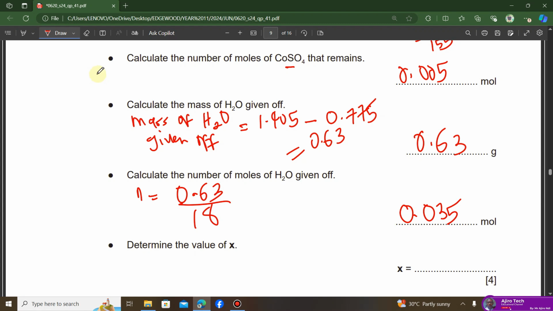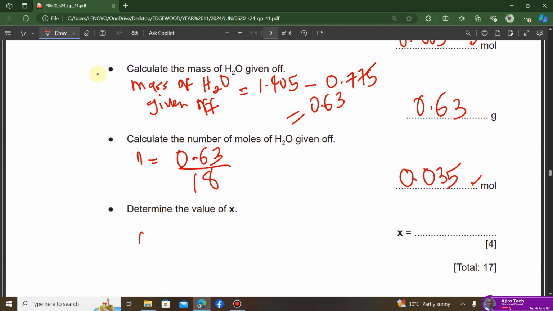Now, the next one says determine the value of X. To determine the value of X, all we need to do is put the number of moles of the cobalt(II) sulfate and that of water into a ratio. So I'm going to put these into simple ratios, and then we divide by the smallest number. So we have 0.005 to 0.035.